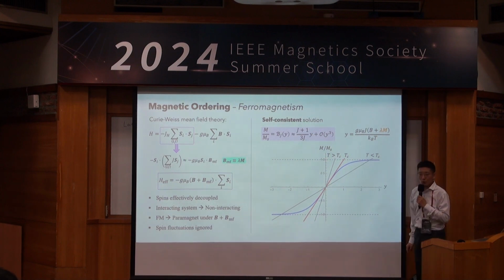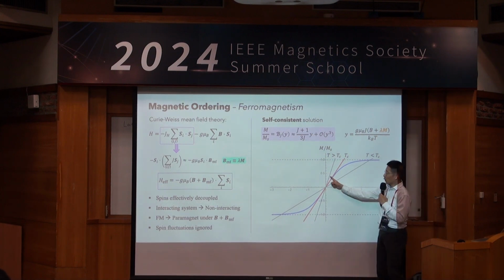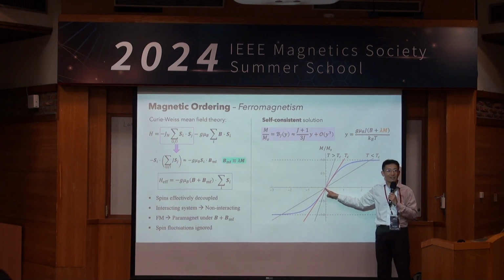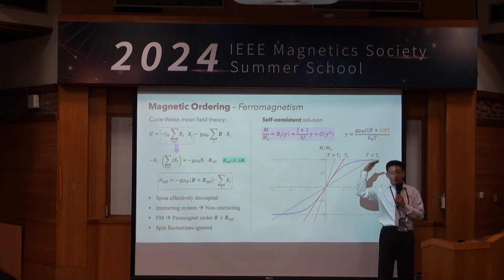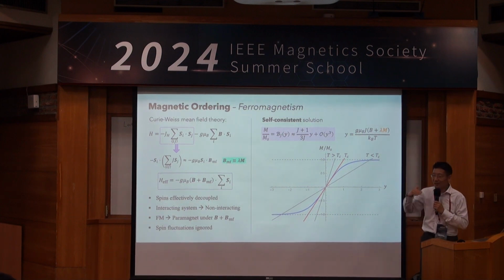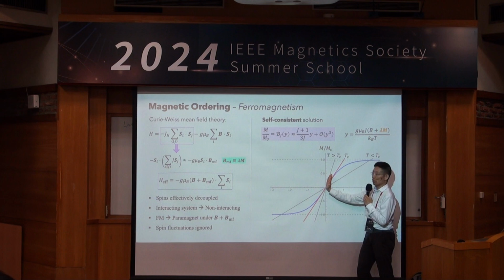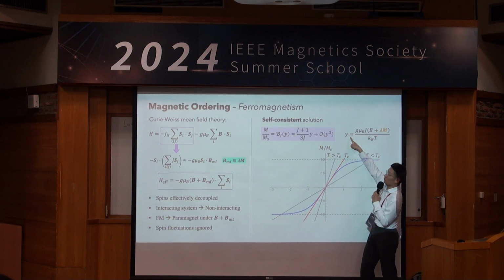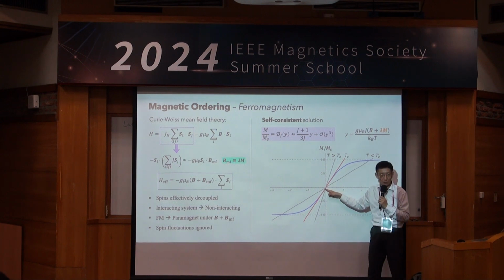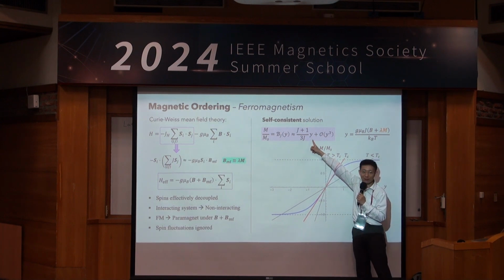At a high temperature, the two curves only intersect at zero, which means zero is the unique solution of the system. The solution simply represents zero magnetization. As you lower the temperature, you are lowering the slope of the left-hand side in terms of the y variable, until eventually the line is tangential to the Brillouin function on the right-hand side.